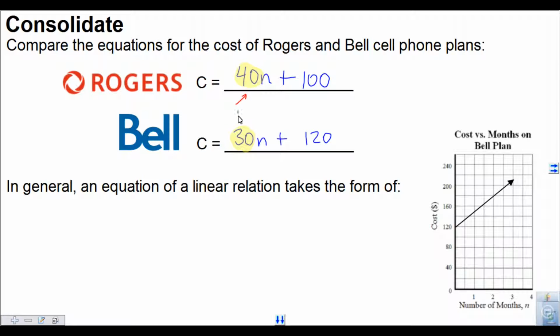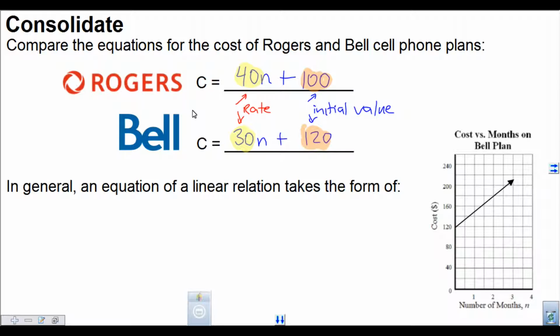And the other two numbers, the 100 and the 120, were what you had to pay at the beginning. So these numbers we considered the initial value, or the initial charge in this case.